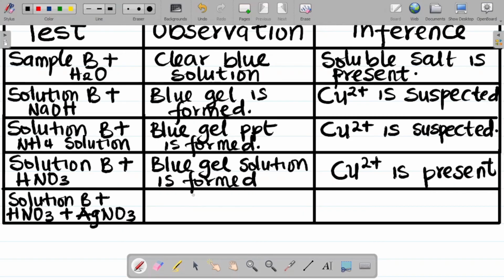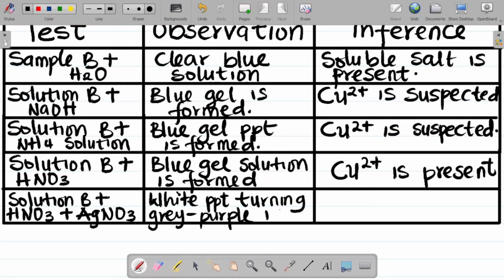So if I combine this, what happens here now? My observation here is that a white precipitate turning gray purple is formed. All right, so if this is formed, what's our inference?